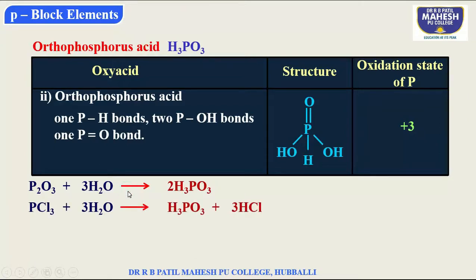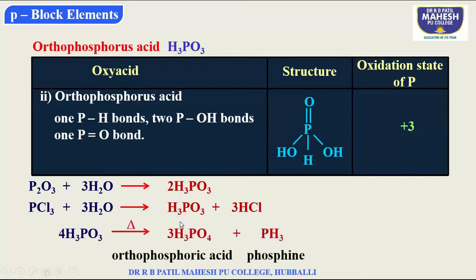It can also be obtained by reaction between phosphorus trichloride and water. This phosphorous acid, when heated, forms phosphoric acid and phosphine as the products.